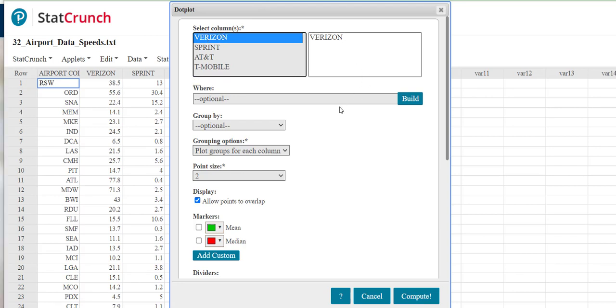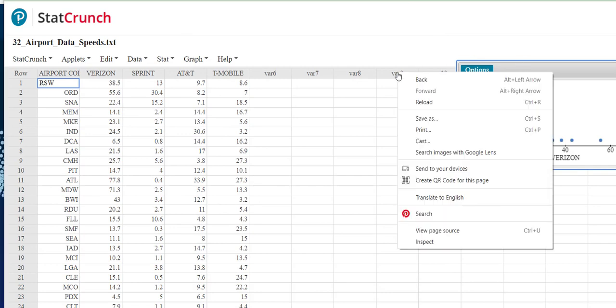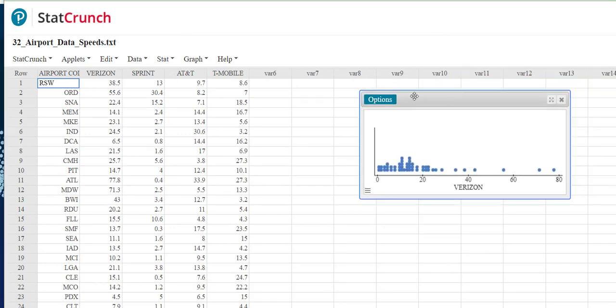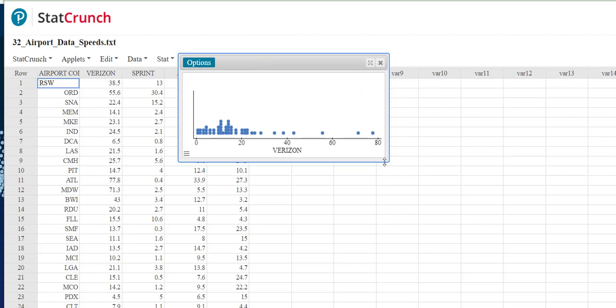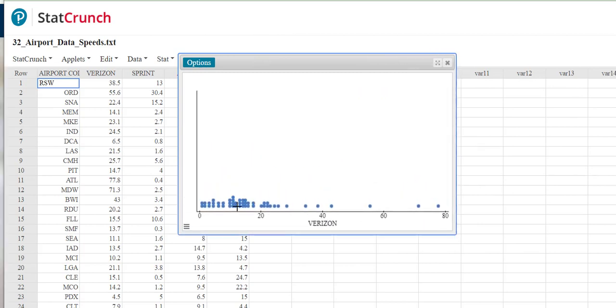So Verizon, and everything else, you don't have to do anything else here, and then just hit compute. And as you hit compute, the dot plot is right here. Now for the dot plot, as you make the window bigger, it creates the plot bigger as well. So here is our dot plot.